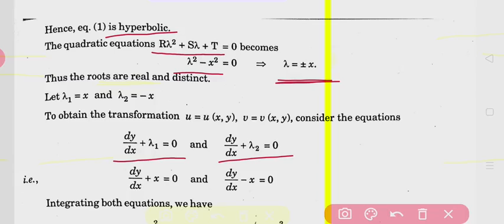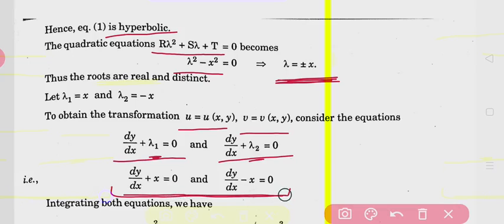Okay, so by using these values we get the transformation, that means we get u and v. How to find u and v? By using these equations. So how to solve this one? You can solve it, this is our first order differential equation. Place the values of lambda 1 and lambda 2 over there.